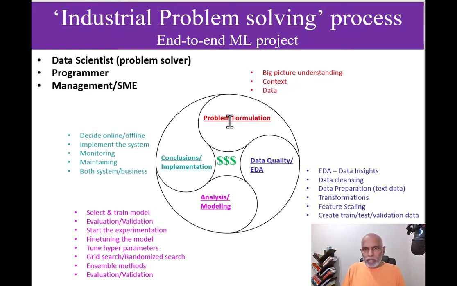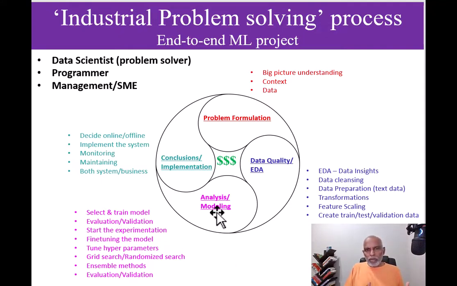That helps you determine the priorities of the problems to solve, and you pick the highest priority and start working on it, which means you ask for the right data and then do the right EDA work, which means data cleansing, preparation, transformation, feature engineering, and then creating train, test, validation splits, so that you can do the analysis and modeling.